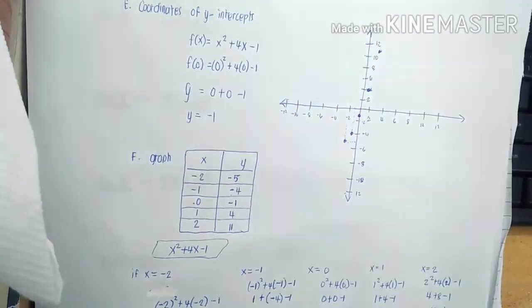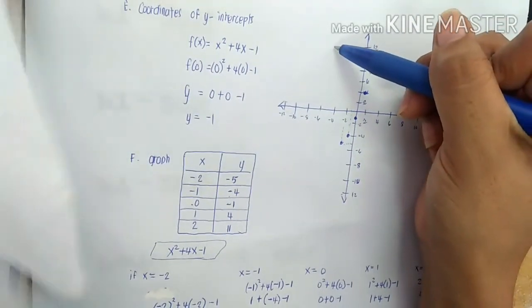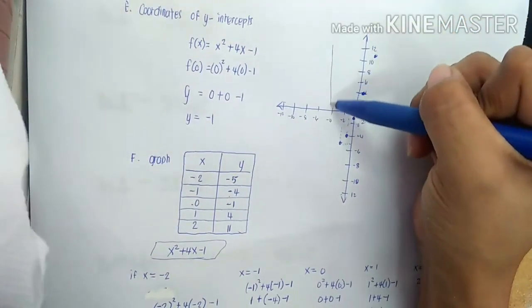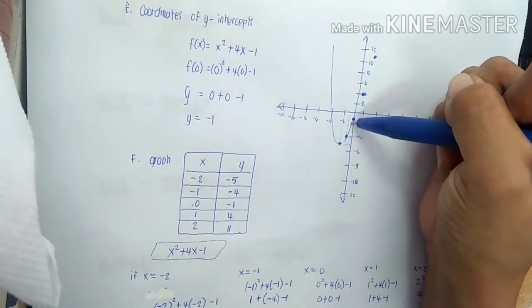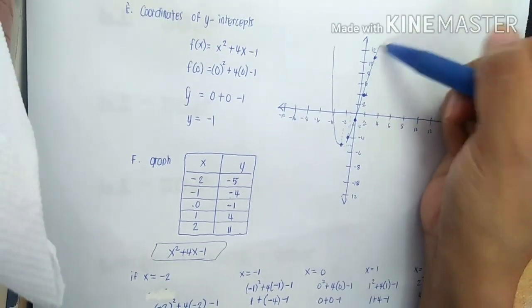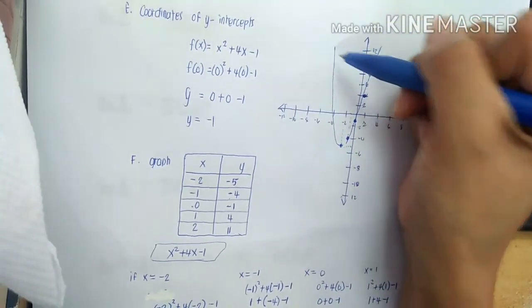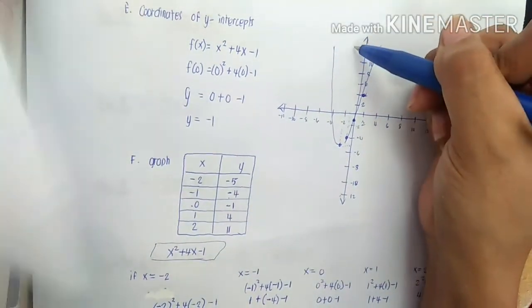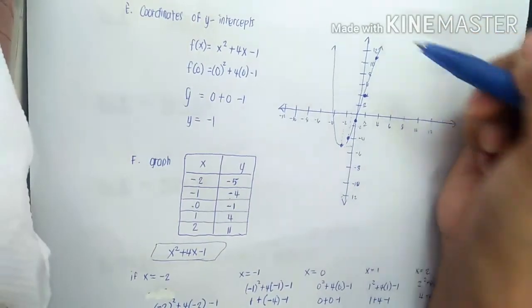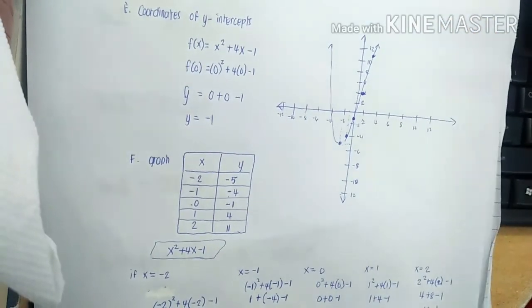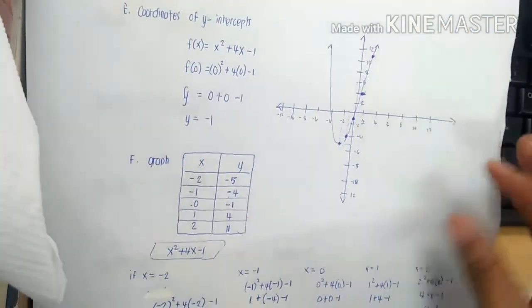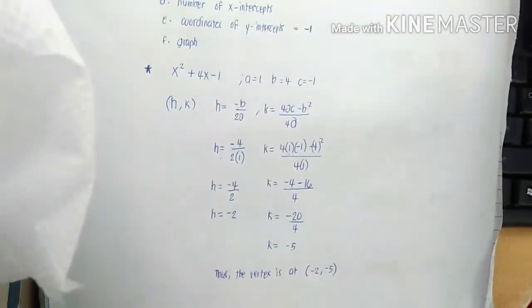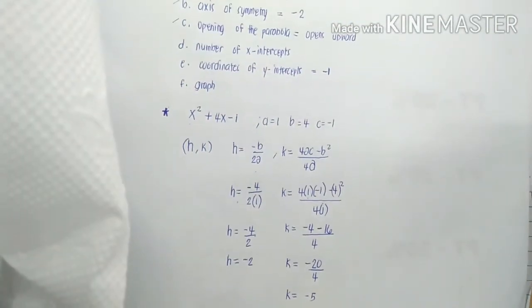Then, let's connect. So this will be the graph. So again, we did not answer yet the number of x-intercepts.